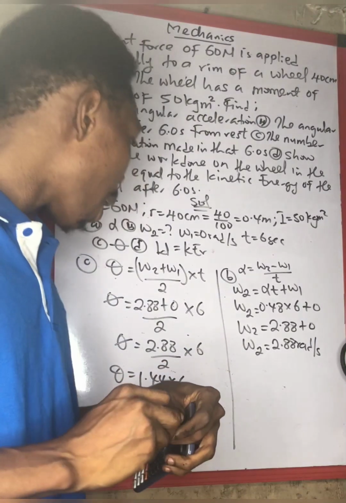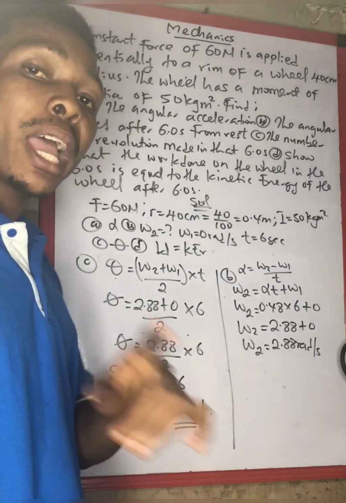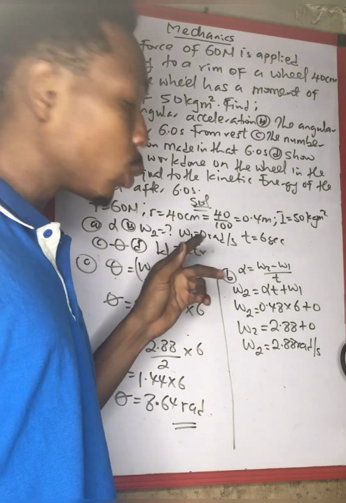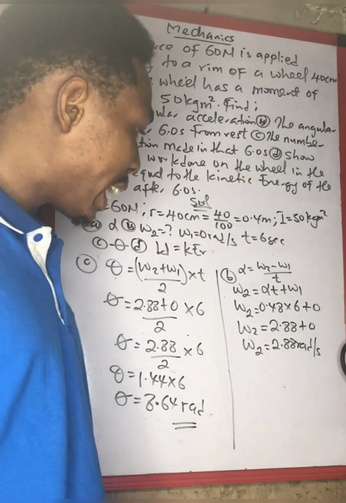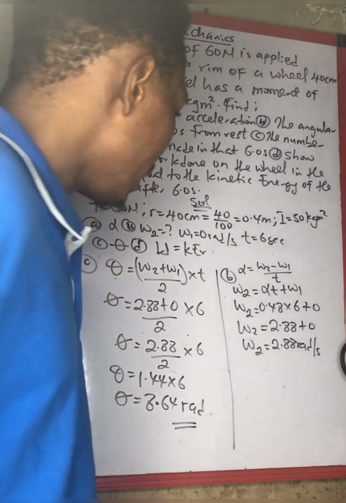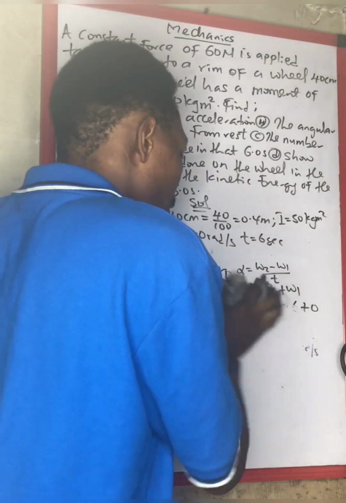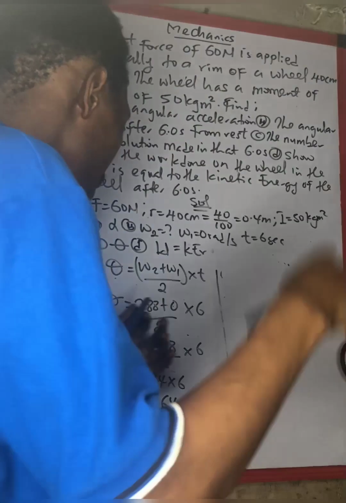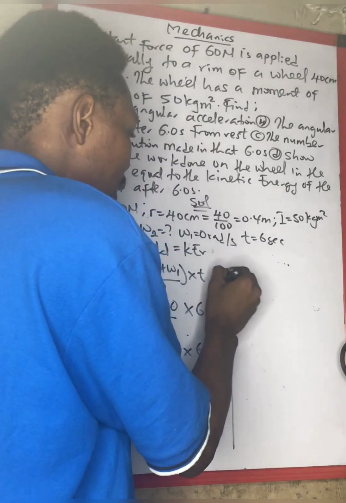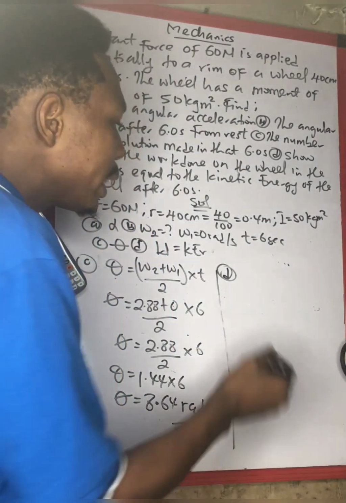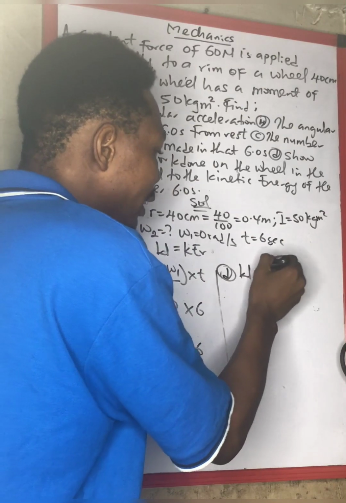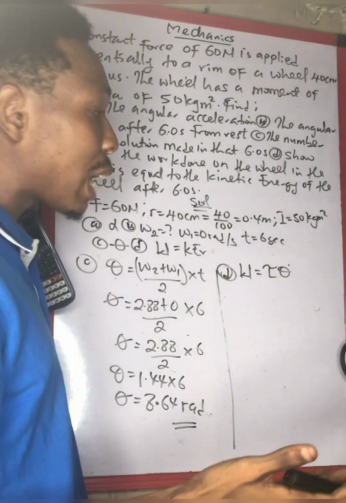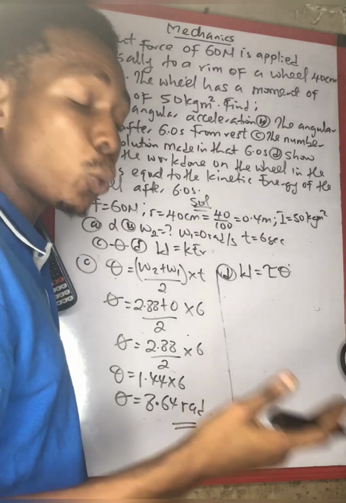So the next step, which is question number 4, we're asked to prove that our work done is equal to the kinetic energy. In looking for the number 4 question, which is the D part of it, how do we get our work done? The formula is torque times theta. We already know our torque, and we got our torque to be 24.